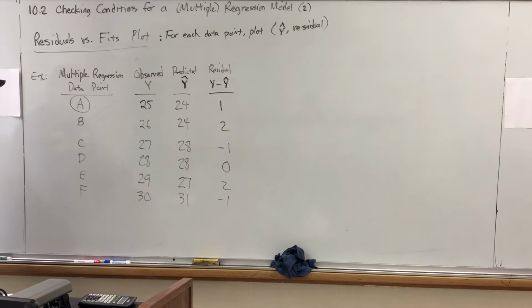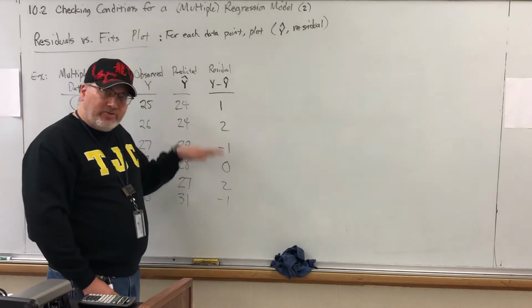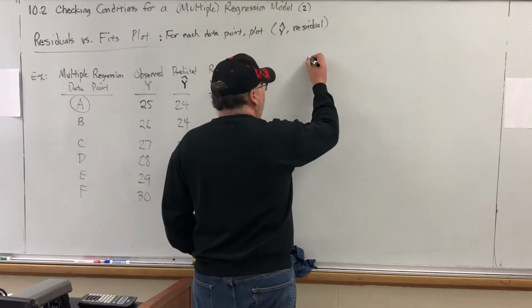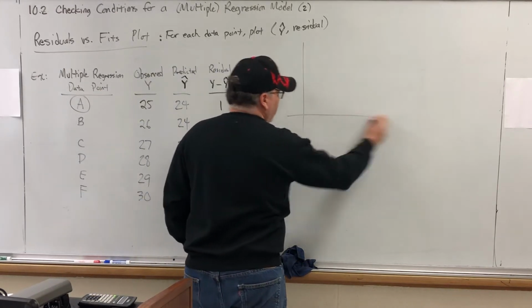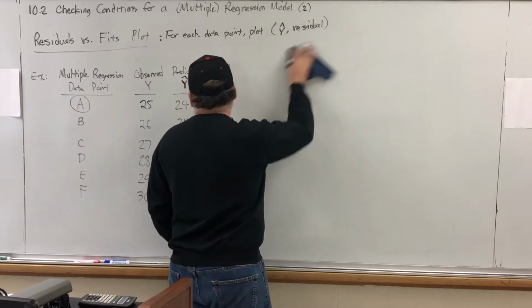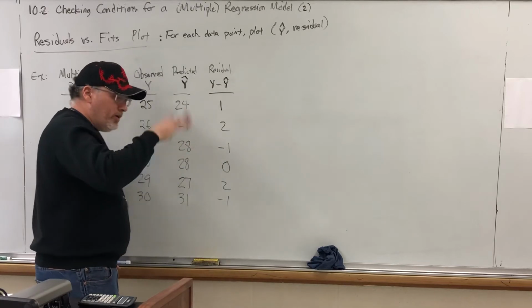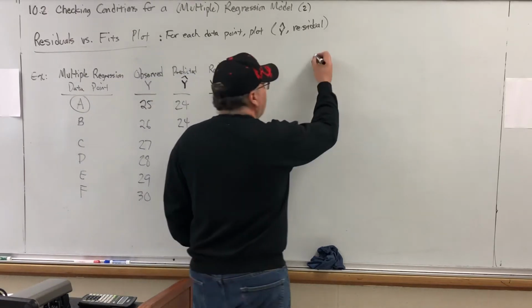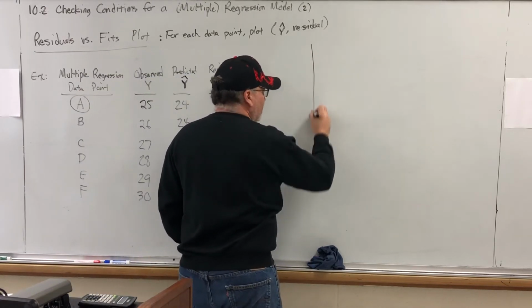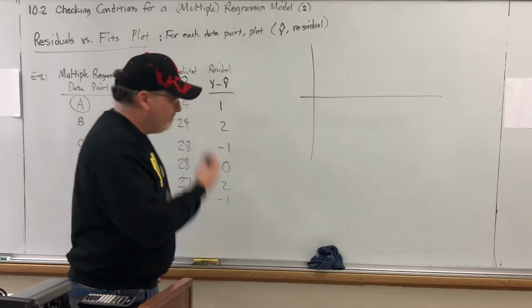Now, because the residuals can be positive or negative, but generally hover around 0, when we draw this graph, we don't draw it like we normally do with just quadrant 1 where everything is nice and positive. Our predicted values are usually positive, but our residuals can fluctuate between positive and negative. So when we sketch a residuals versus fits plot, we usually draw it about like that.